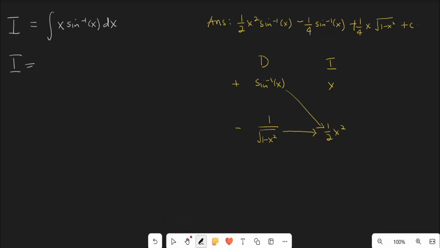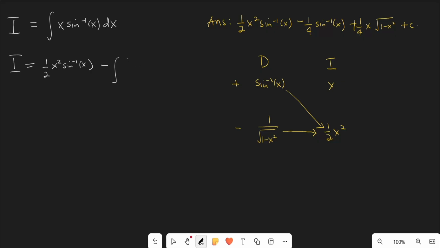So the first one, multiplying the diagonal terms, that is going to be 1/2 x squared times the sine inverse of x. See that we have already gotten the first term of our answer. Very easy. And then minus, that is this guy here, minus the integral, because we are multiplying terms horizontally.